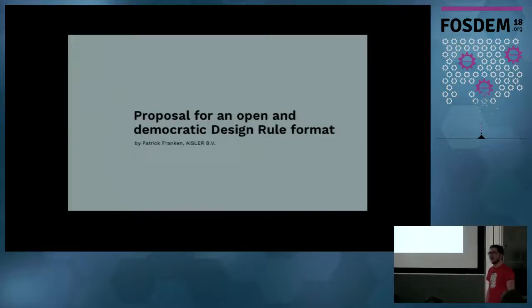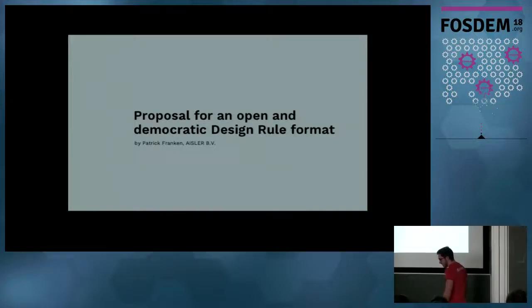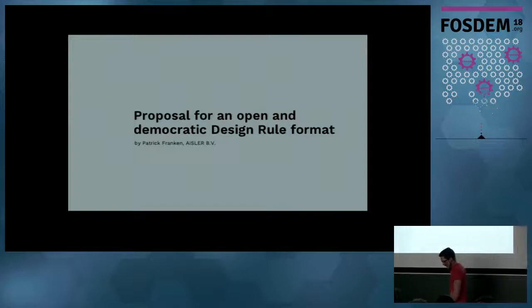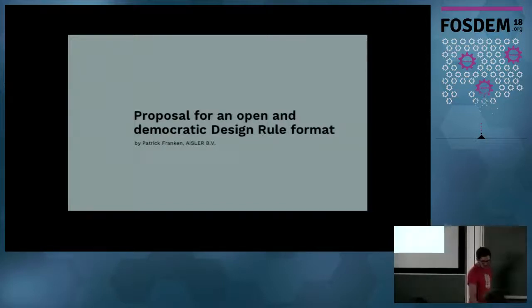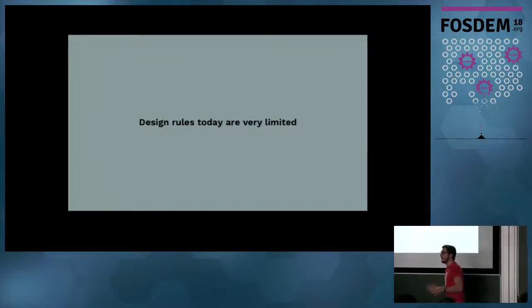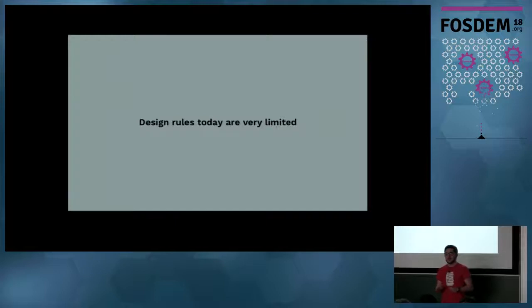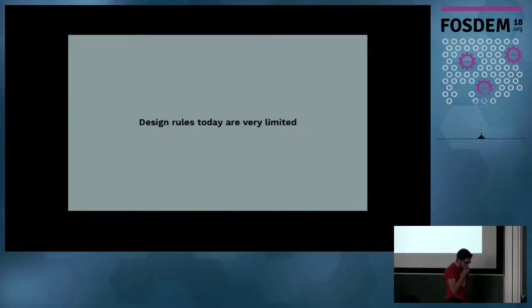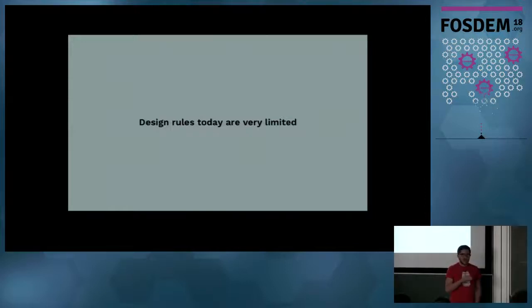Okay, back to the topic. It's about design rule formats, and the reason I started this is that I believe design rules right now are really, really limited. I have two reasons for this. The first one is that it's completely limited to the printed circuit board.